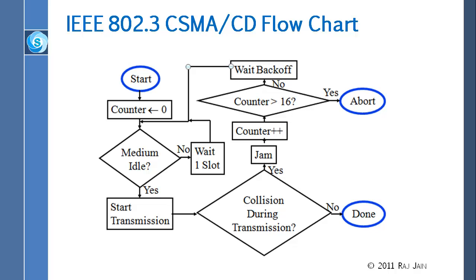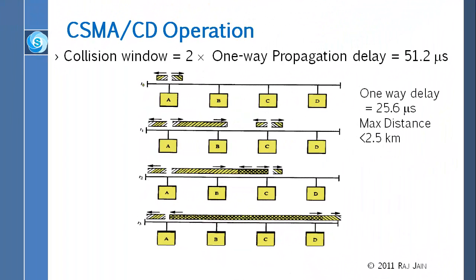All right, let's see a little bit more detail. When this station A starts transmitting, the signal goes both ways from here. Some travels to the left, some travels to the right. These are the electrons, right? And this station starts transmitting, it sees the medium is idle.